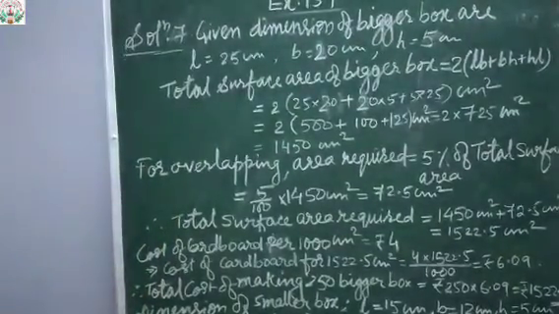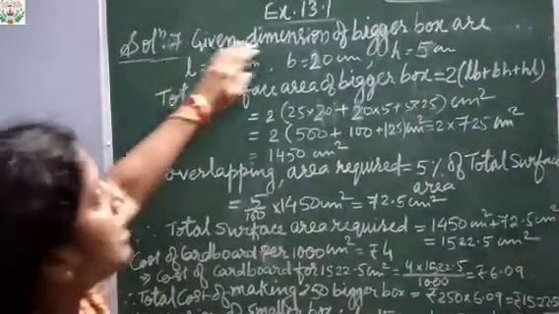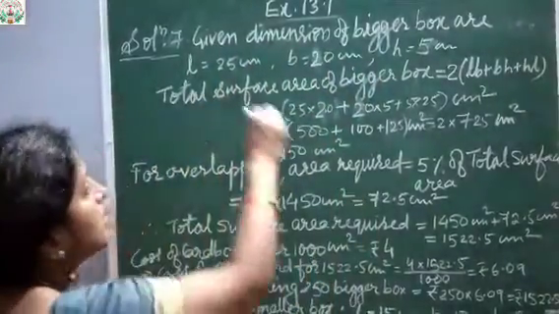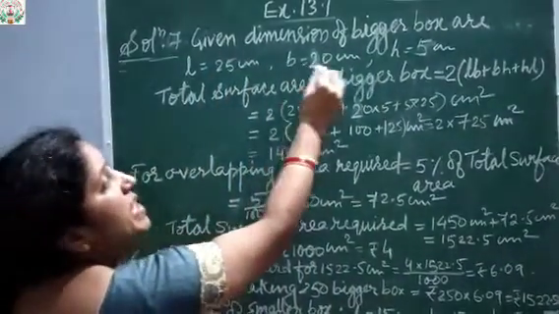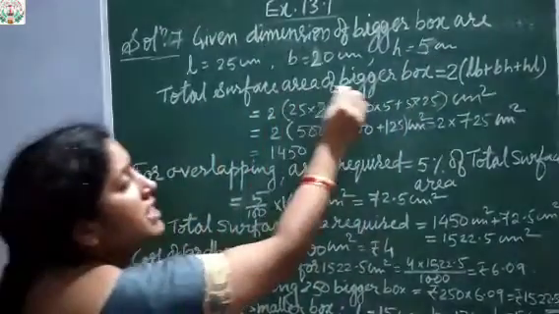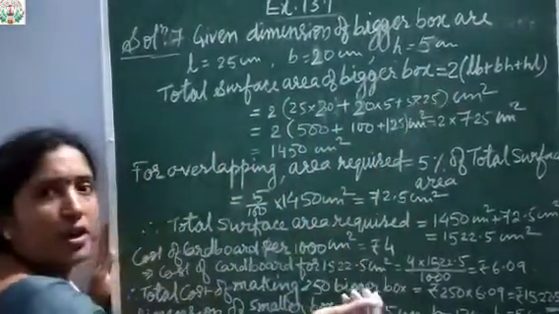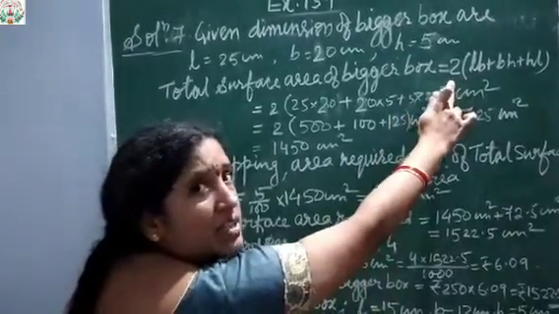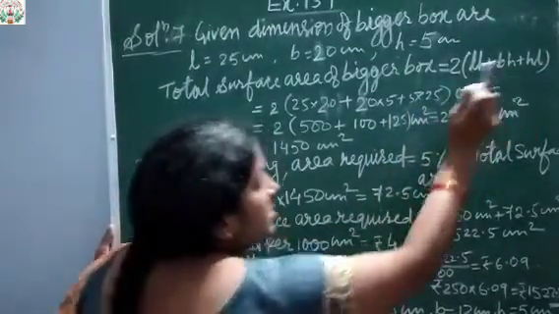Now let us see. The given dimensions for the bigger box are L is 25, B is 20 cm and height is 5 cm. The total surface area of the big box, we know it is a cuboid, so total surface area is 2 into (LB plus BH plus HL).